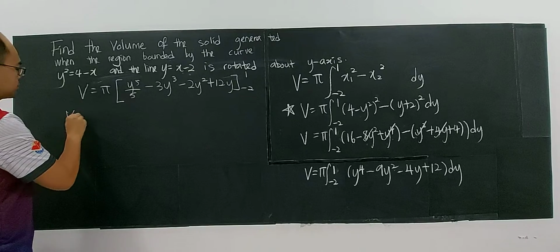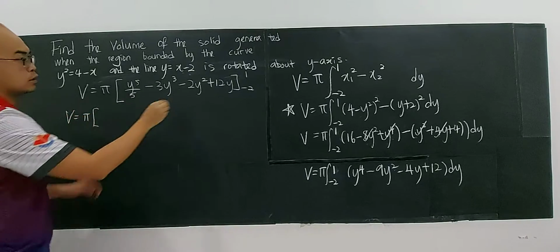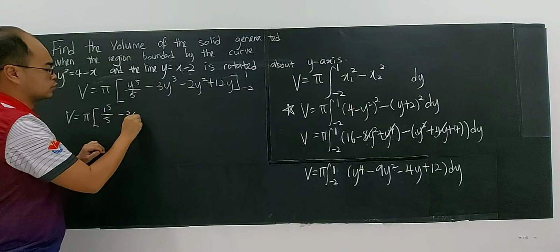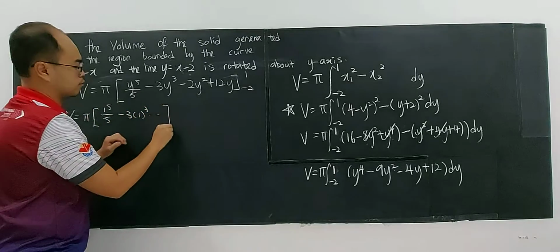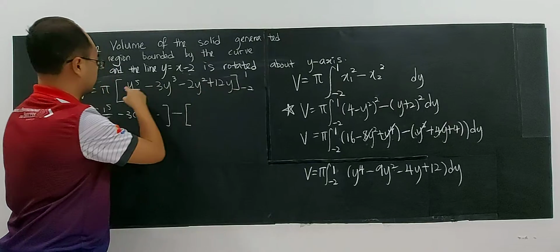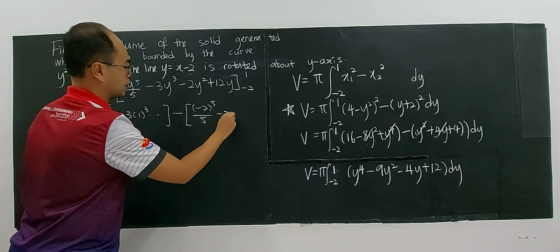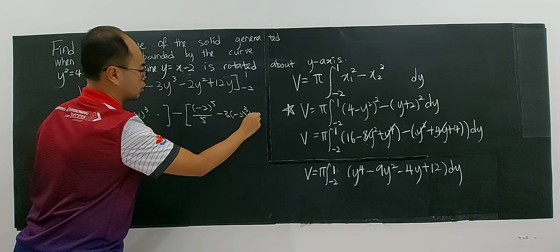Substitute the values: 1 to the power of 5 over 5 minus 3 times 1 cubed, minus the value at negative 2, negative 2 to the power of 5 over 5, minus 3 times negative 2 cubed, and so on.